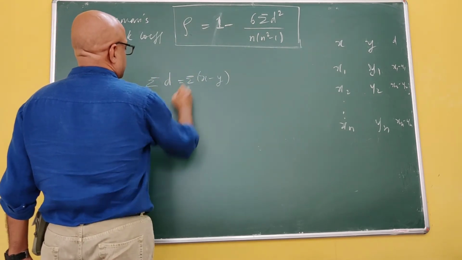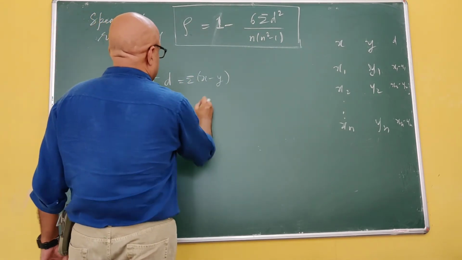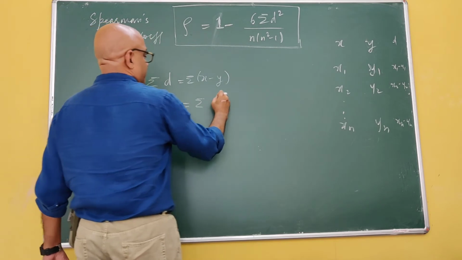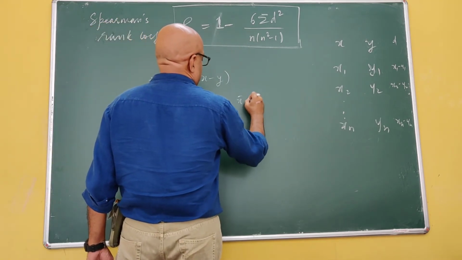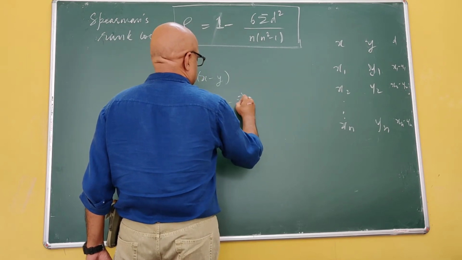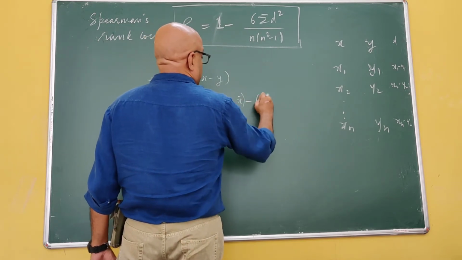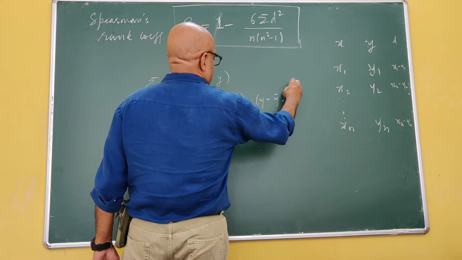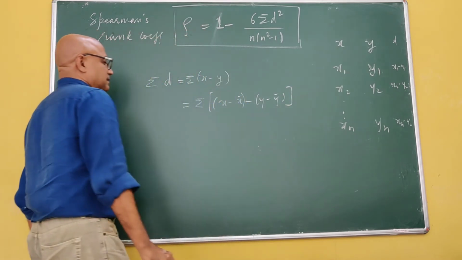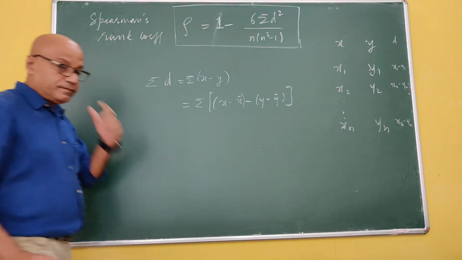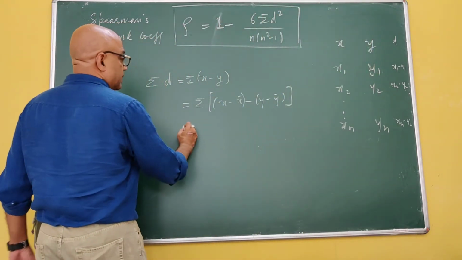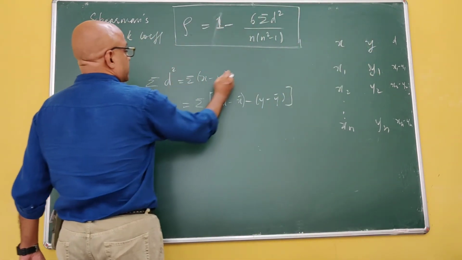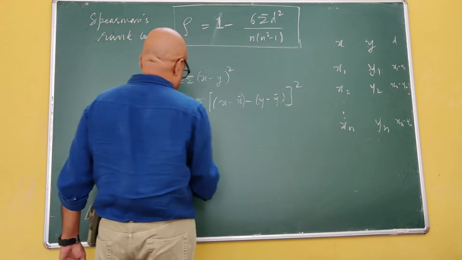Summation d square will be summation, but that can be written as summation x minus x bar minus y minus y bar. Well, if I do square here, what do I get?